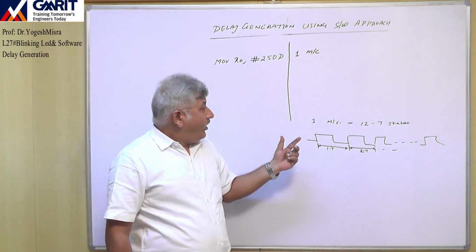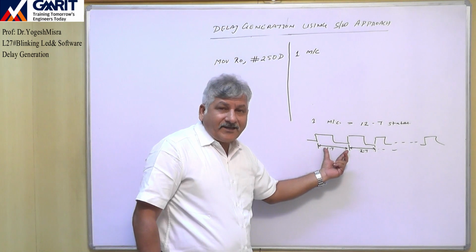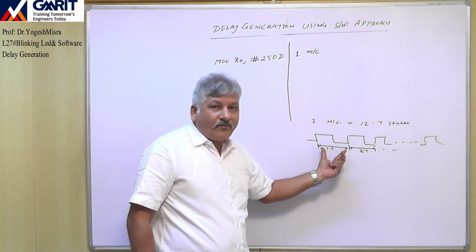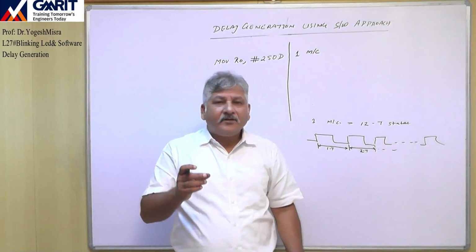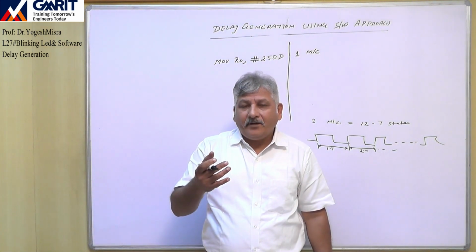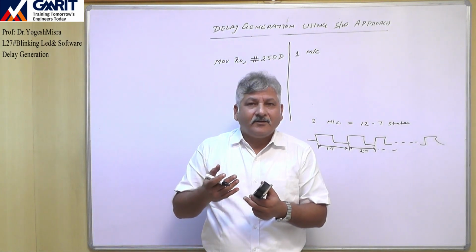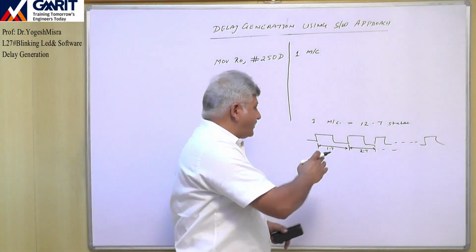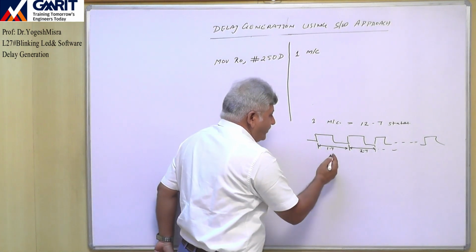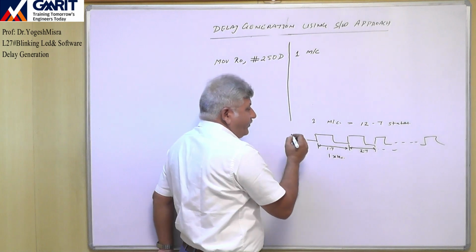But what is the time duration of one T state? That is not fixed. That depends upon the external crystal which we have connected. If we have connected a crystal of 12 megahertz, then one T state will be 1 microsecond.